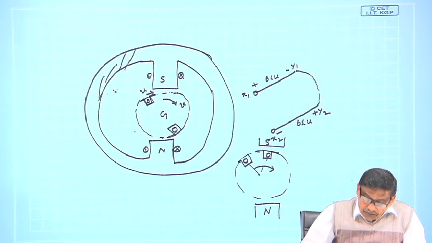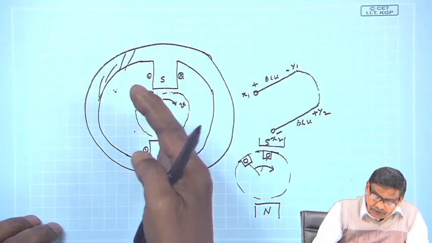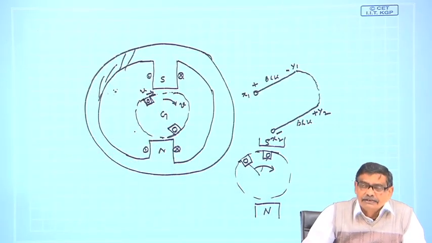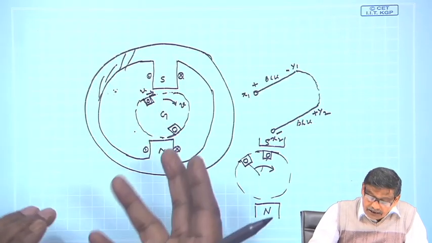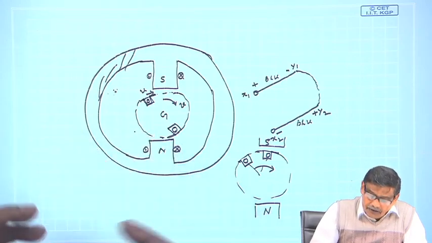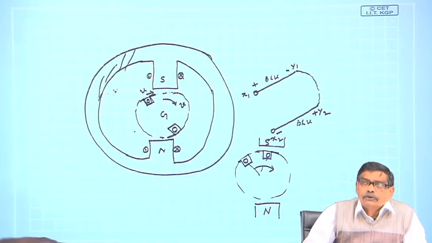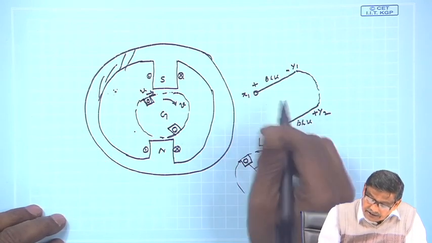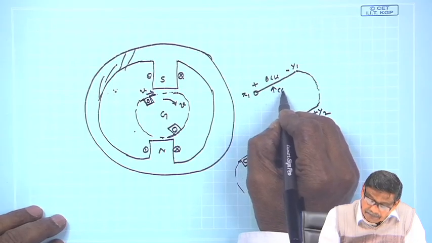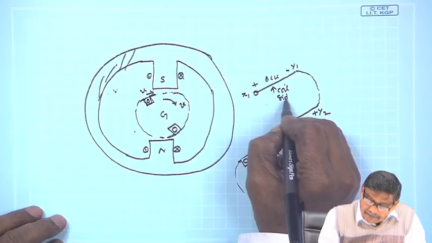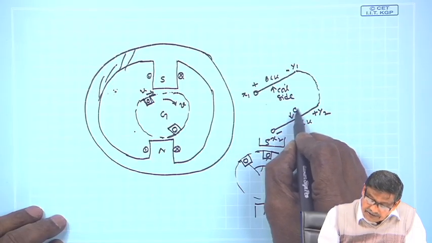Therefore, a new term used is a coil. A coil will have two conductors, or more correctly, two coil sides. These are called coil sides. This is also called a coil side.